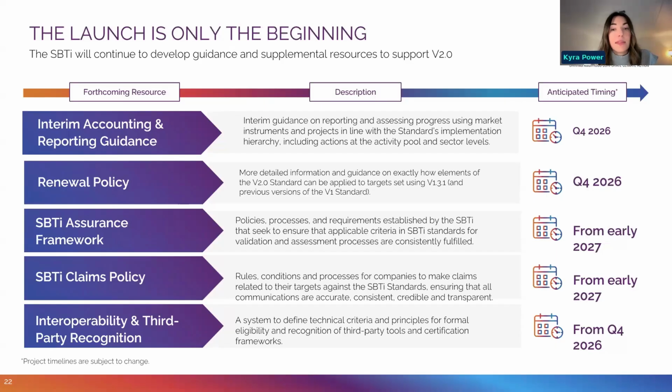Lastly, we know that it's a complex landscape of certificates and market instruments, so we would like to develop additional guidance on the use of these tools supported by an interoperability and recognition framework. This framework would be intended to establish basic criteria and processes for recognizing existing certification systems and instruments that meet SBTi criteria across the main categories of instruments used in target implementation.